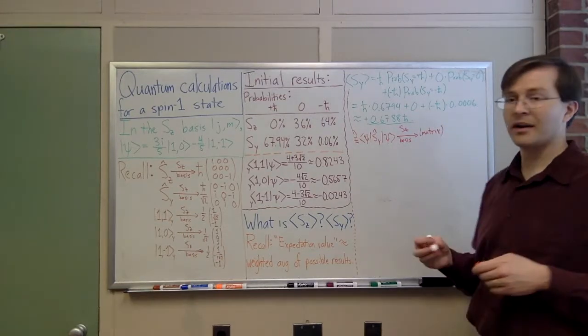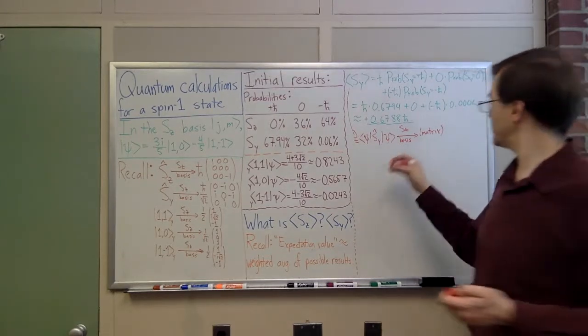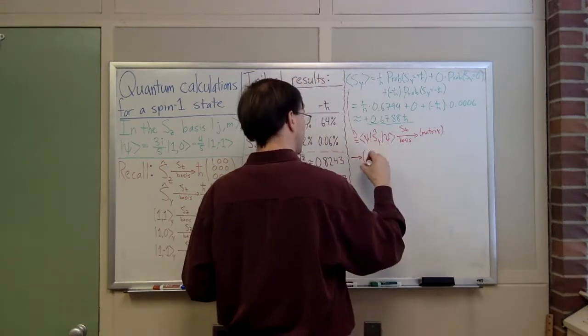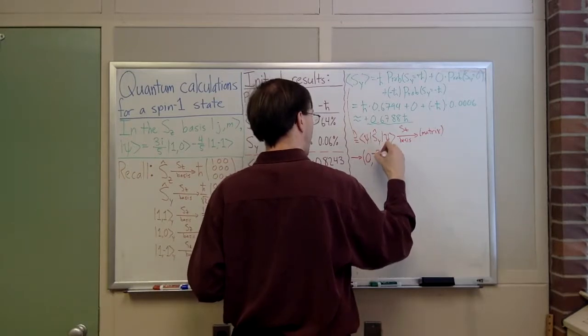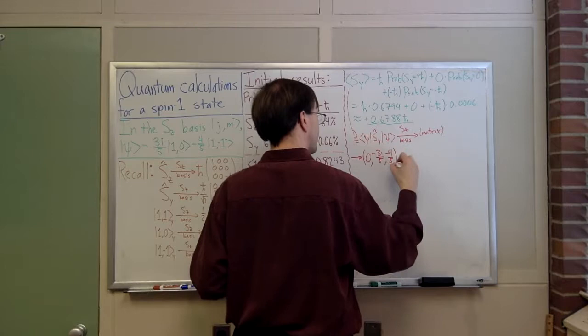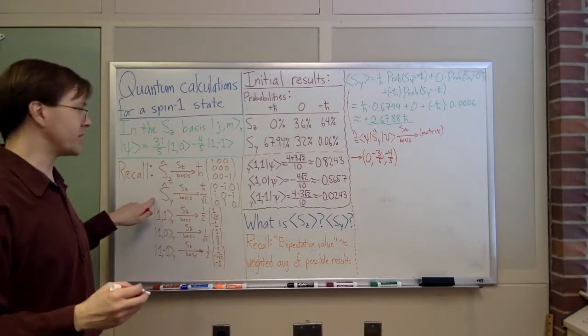just as we did before. Doing this in matrix form, let's run through it. My row vector is the same as it was a minute ago: 0, complex conjugate, so minus 3i over 5, and minus 4/5 is my row matrix. For SY, I've got my matrix here. It's a square matrix.